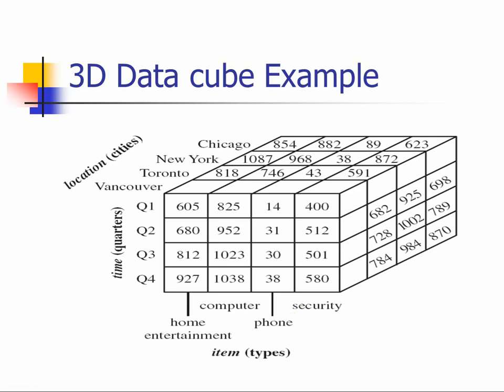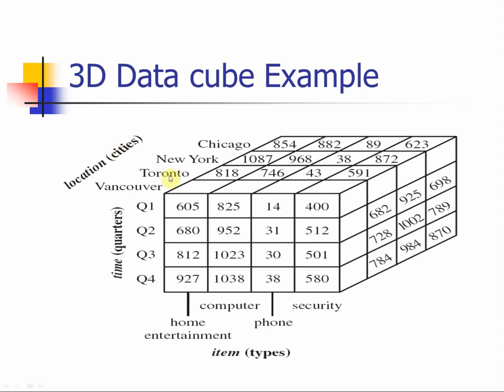Each dimension can easily be expanded or condensed so that we can get more detailed information if we want. In other words, what we see over here is Q1 through Q4. It should be easy to divide it into months, even weeks, and you can, of course, condense it into the year to see different information.